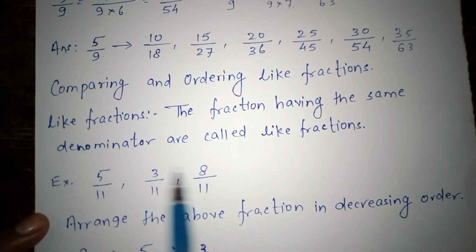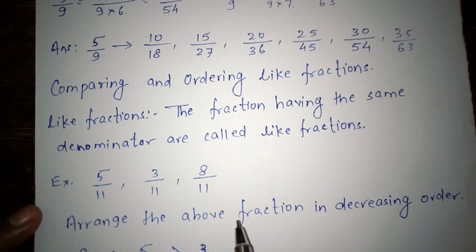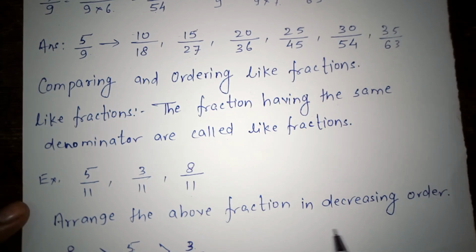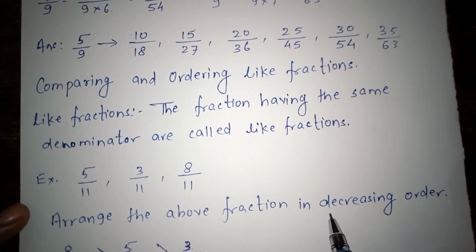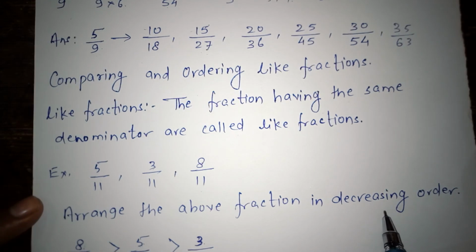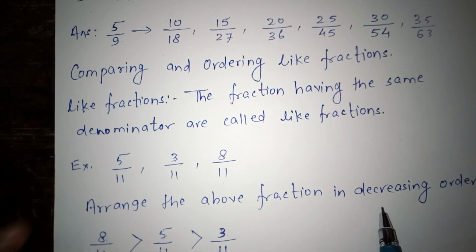What is the meaning of decreasing? Decreasing means arranging numbers from biggest to smallest. When you arrange numbers from biggest to smallest, that is called decreasing order.